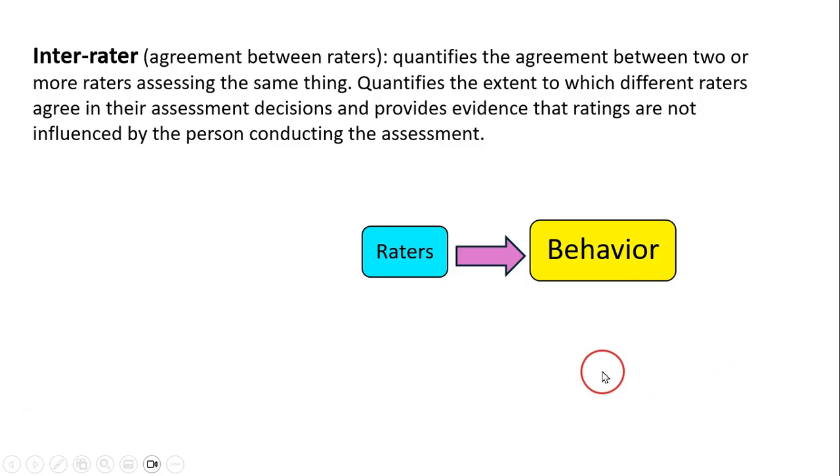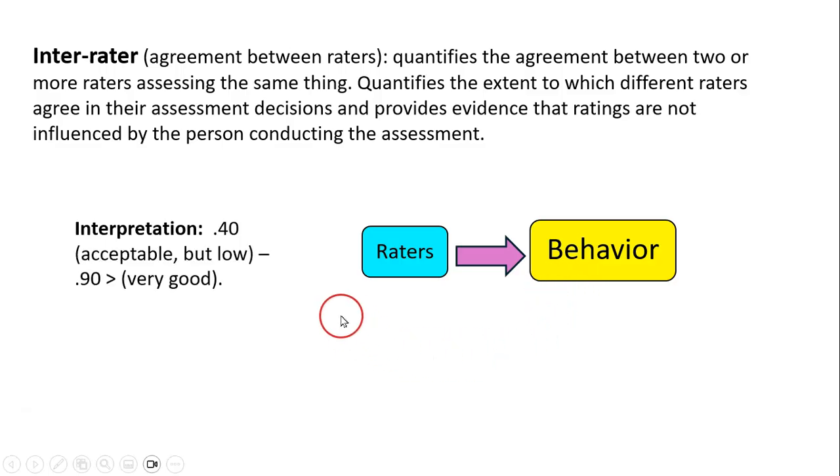So a diagram there is we have different raters here rating some type of behavior, for example, classroom behavior, and each rater has the same checklist for deriving a score for the thing that they're observing, and then your analysis is going to look to see how consistent the raters are among themselves.